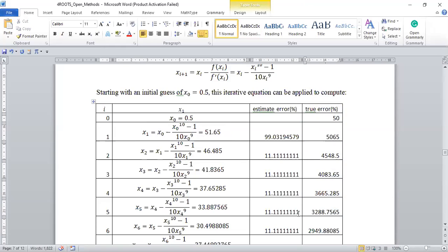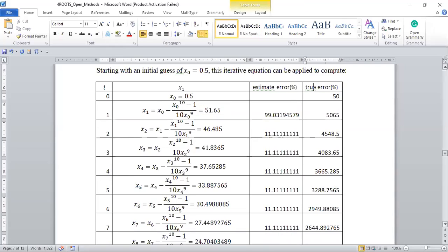If we look at this carefully, at the zeroth iteration, the error is 50%. At the first iteration it is 5,000%. It's like 4,500%. This is blowing up.